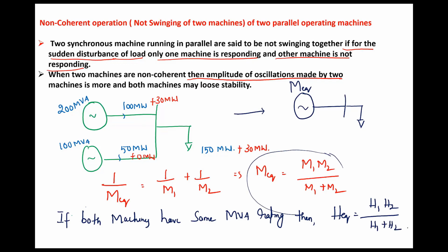Okay, that is this one. Okay, so these are the two extreme cases which we have learned. One is completely swinging together, and the other case is completely not swinging together. The practical operation will be somewhere in between. Practical operation of the two parallel running machines will be somewhere in between. Okay, that is the context.